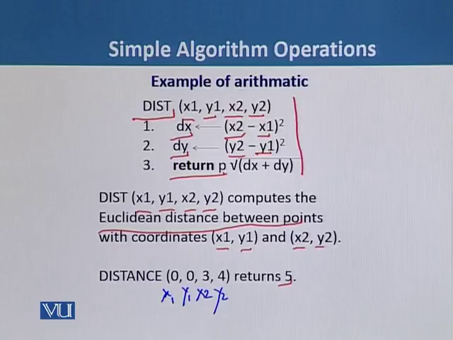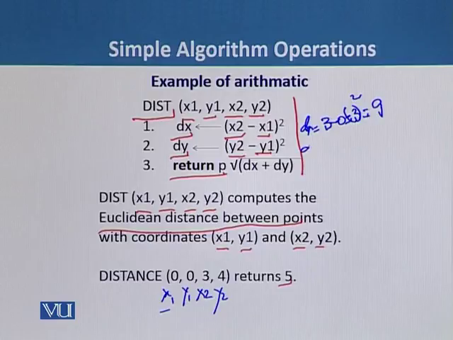we have to calculate the dx value. So dx in this case, x2 is 3, minus x1 which is again 0, and 3 minus 0 is 3. And then we have to take the square of this one, and if we take the square, we will get the value of 9.